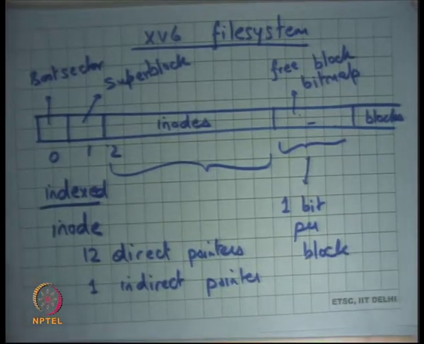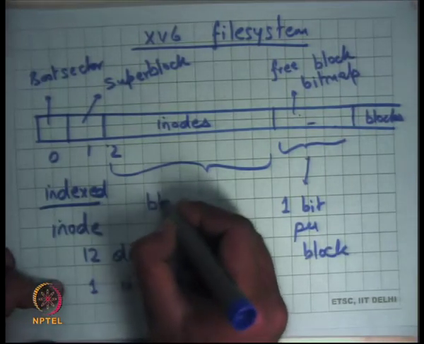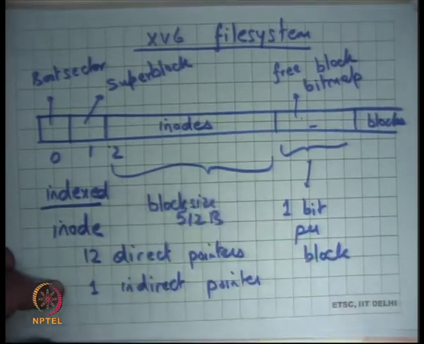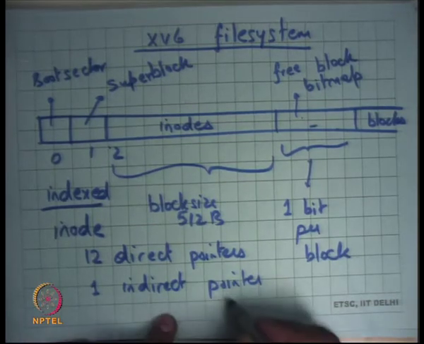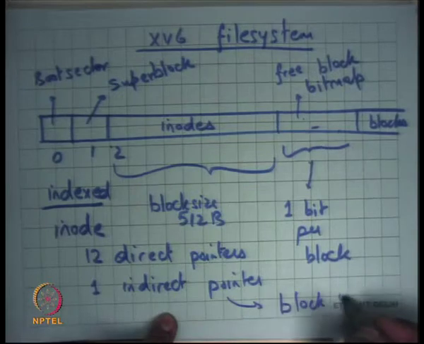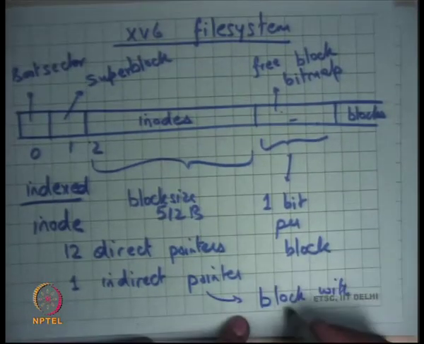Okay. Block size is 512 bytes. The indirect pointer points to a block with 512 divided by 4, that's 128 pointers.